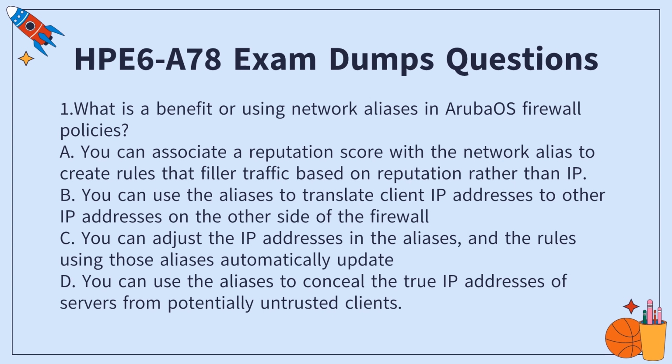B. You can use the aliases to translate client IP addresses to other IP addresses on the other side of the firewall. C. You can adjust the IP addresses in the aliases, and the rules using those aliases automatically update. D. You can use the aliases to conceal the true IP addresses of servers from potentially untrusted clients.